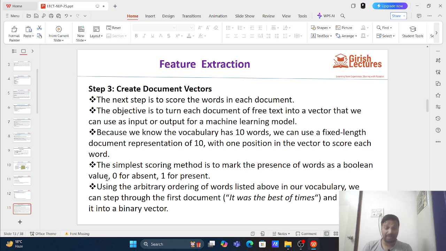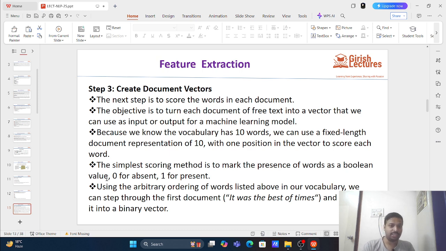First, we should score every word in each document with respect to the vocabulary, and we are going to mark them with the Boolean document model, like the bag of words model, with the representation of 0 or 1. If a word is present in the vocabulary, we mark the value as 1, and if it is not present, we mark it as 0.